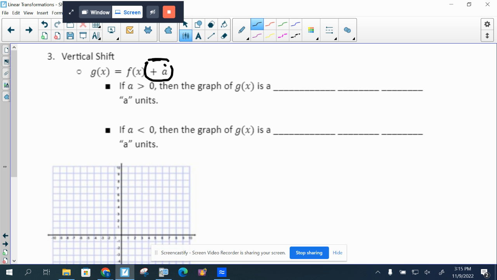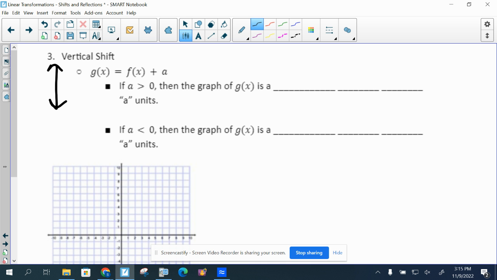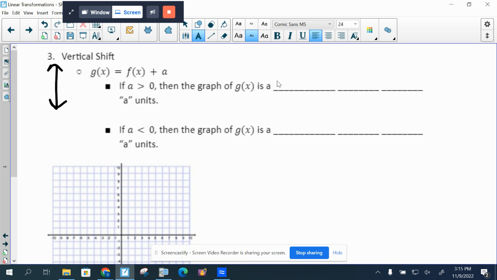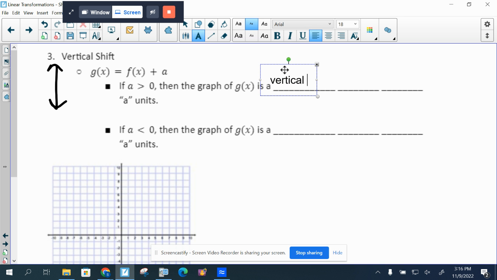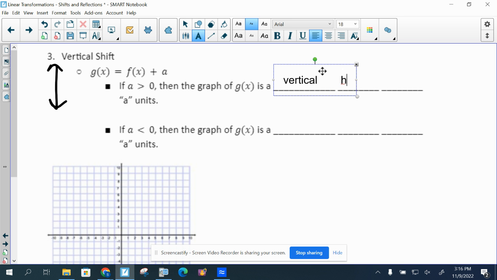You'll see with the horizontal shifts that the plus or minus a is going to be on the inside of the parentheses. All right, so a is outside of the parentheses. It's a vertical shift. It's going to shift it up or down. So if a is greater than 0, so basically if a is positive, then the graph of g of x is a vertical shift.